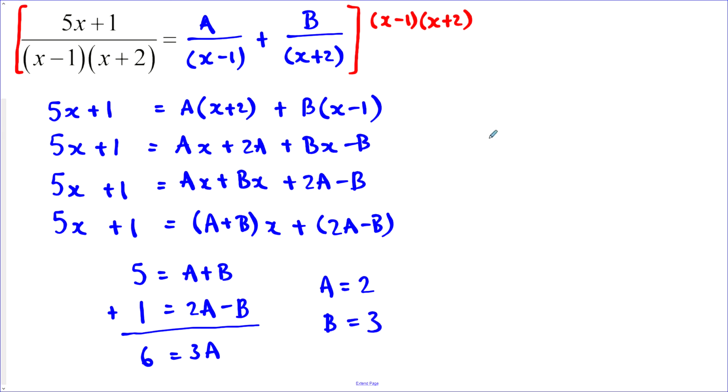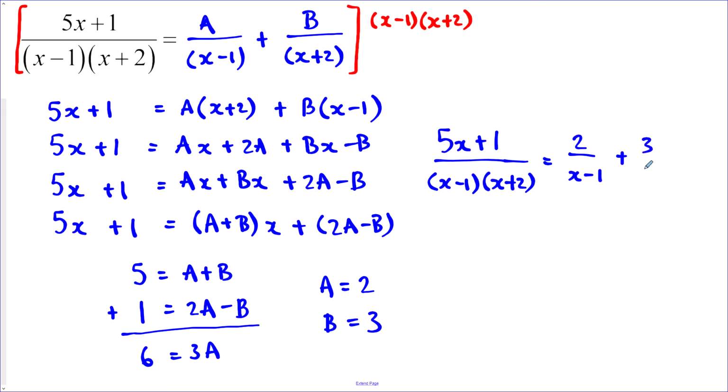And now we can write out the partial fractions for 5x plus 1 over x minus 1, x plus 2, and it equals 2 over x minus 1 plus 3 over x plus 2. And you can see that this is exactly what we started off with on the previous slide.